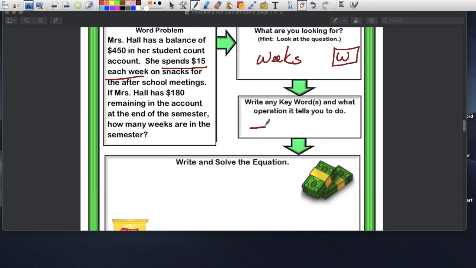So spending is a minus, has a negative connotation to it, right? Because it's being taken away. So she has 450, and the remaining in my bank account is going to be 180.